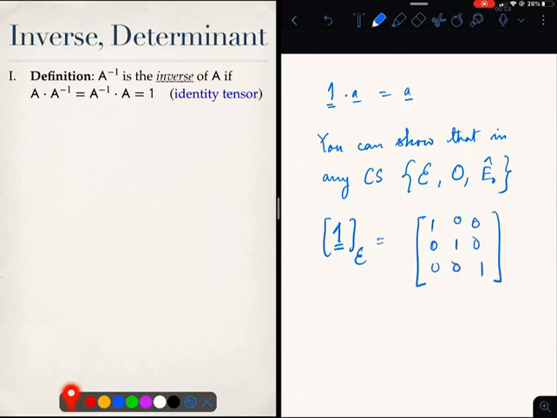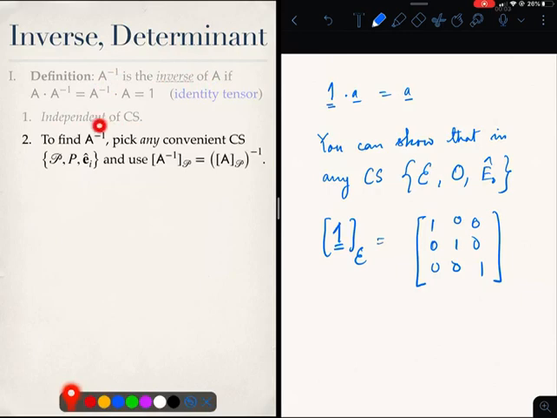Okay, so what this tells me is that the inverse of the tensor A is independent of the coordinate system that you are working in, and it also tells us that in order to find the inverse of a tensor, pick any coordinate system P, find the matrix of the tensor A in P, compute the inverse of the matrix, and that inverse of the matrix will be the matrix of the inverse of A.